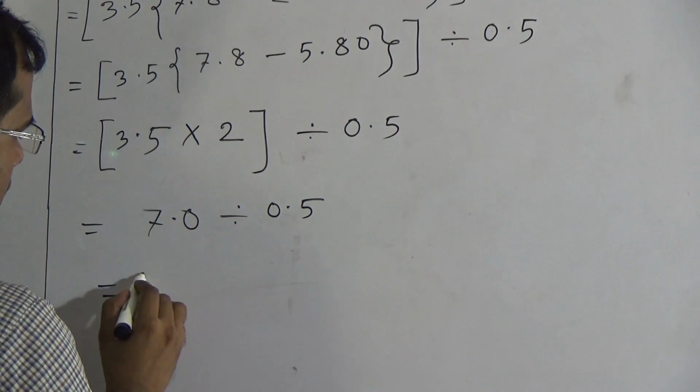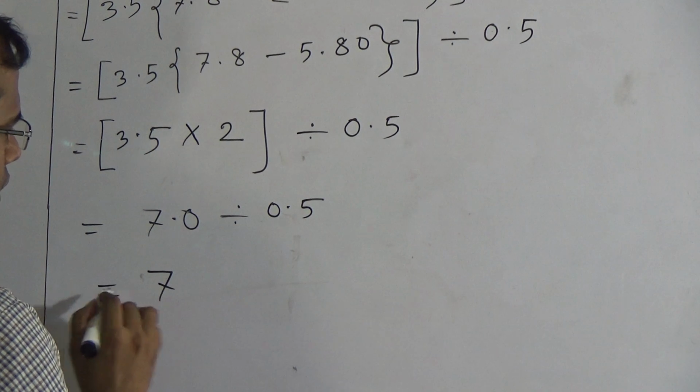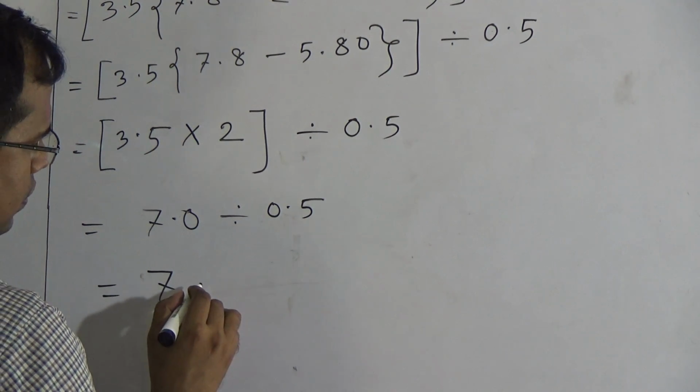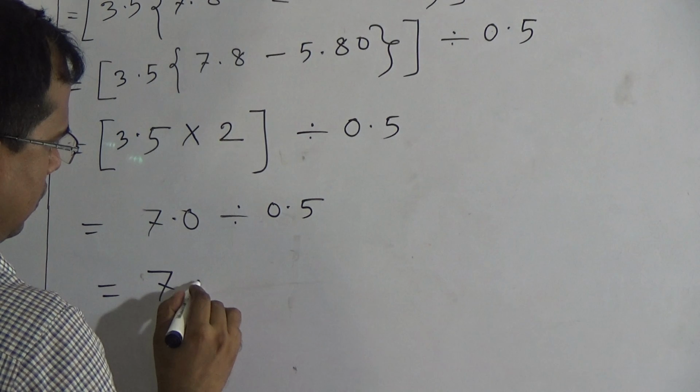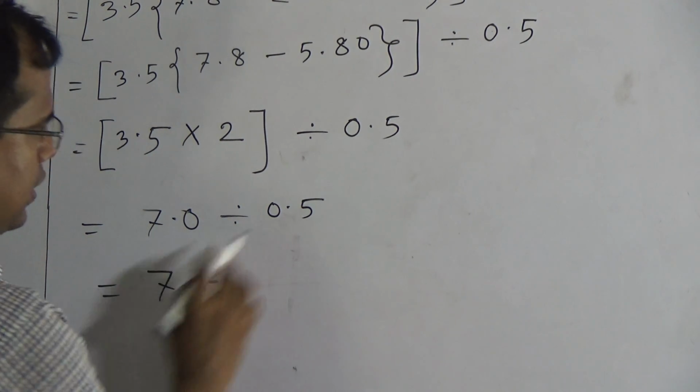Now 7.0 and only 7 are the same, so we'll write only 7. Divide by 0.5.